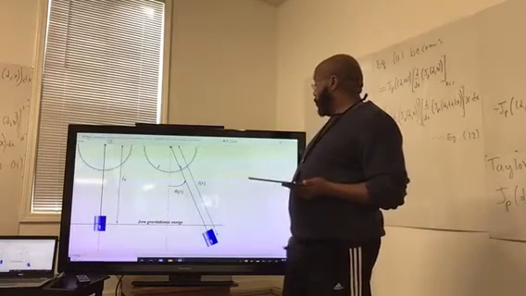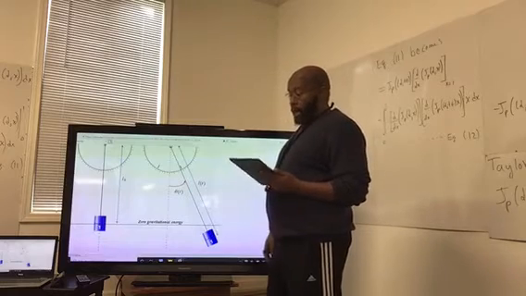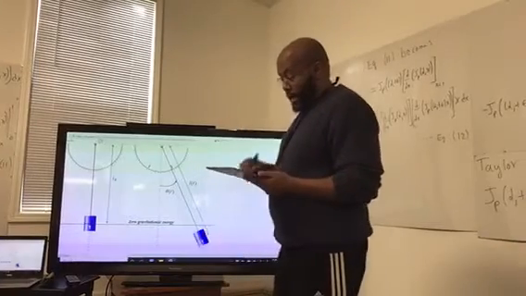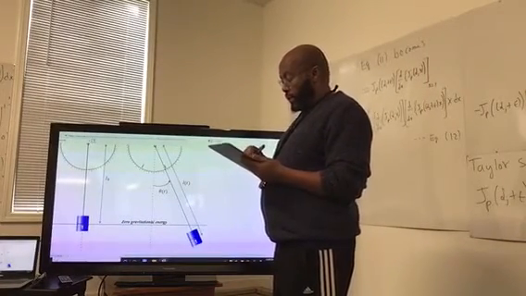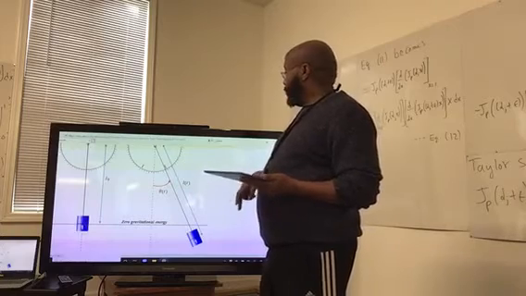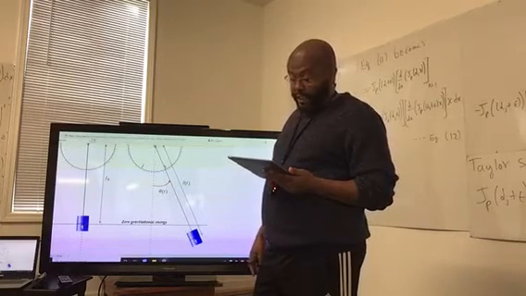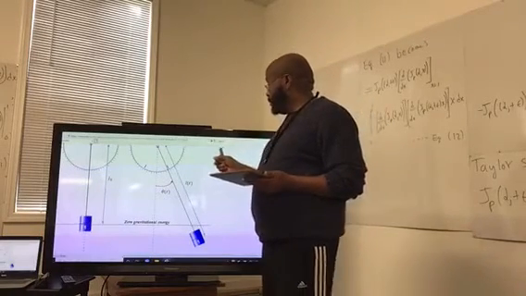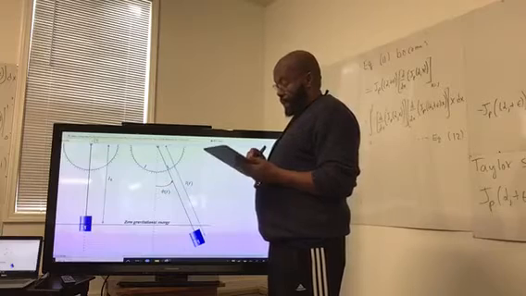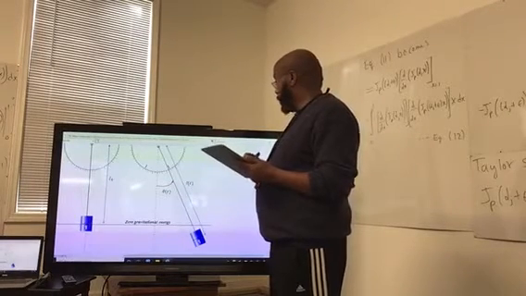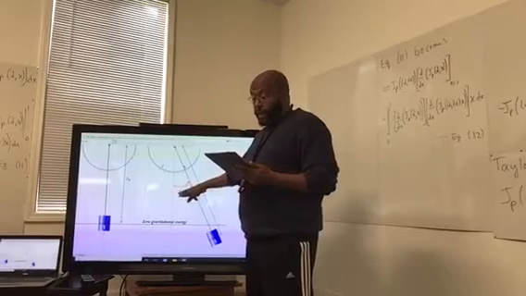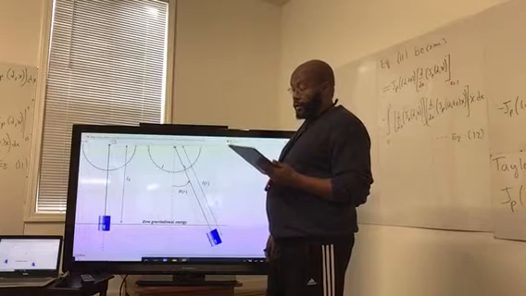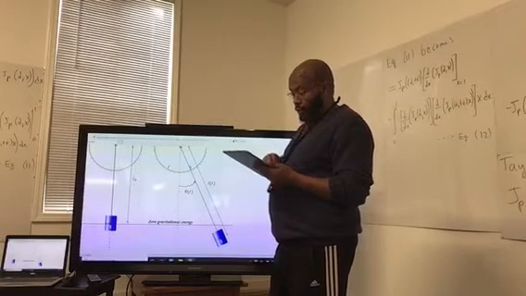If you find the equation of motion for this mass using the Lagrangian, using the Euler-Lagrange equation, the differential equation that you end up with is going to be related to the Bessel differential equation. So in this example, you are asked to find the solution of the angular displacement theta as a function of the length L. Okay, so I will leave that to you.